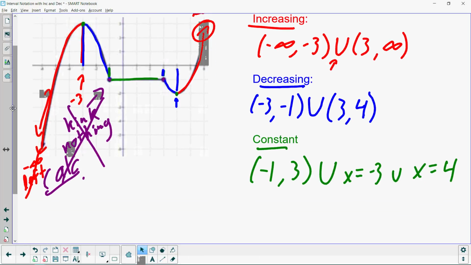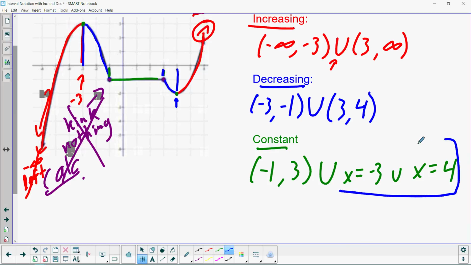What I told you is true. If you are enrolled in my class, then I don't think that your homework cares about those weird points. I just feel bad lying to you because you're going to need it for calculus someday. So if on your homework the only option for constant is this little section right here, the -1 to 3, that's okay. All right, so that's your notes.